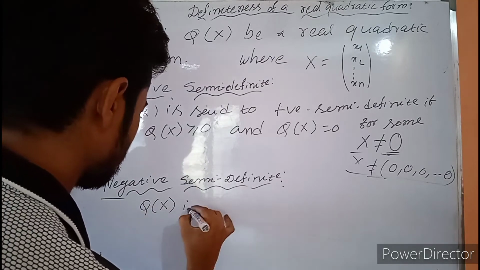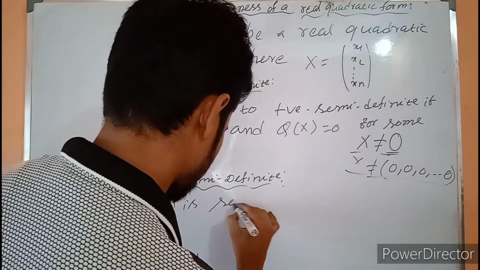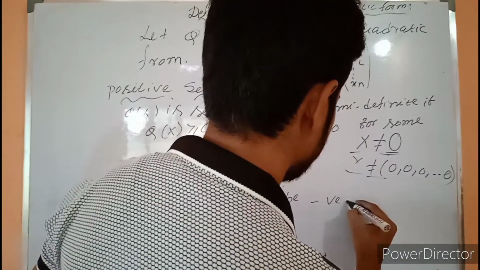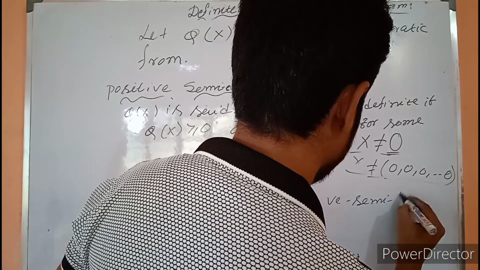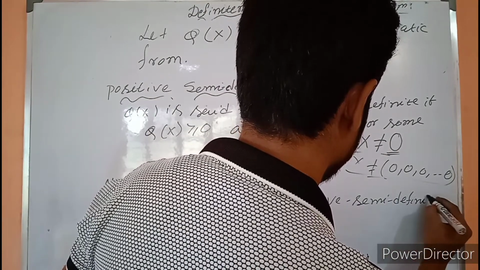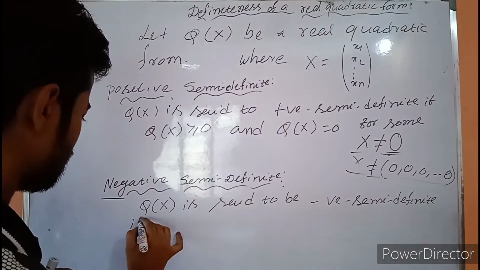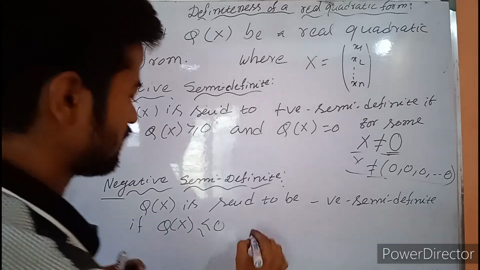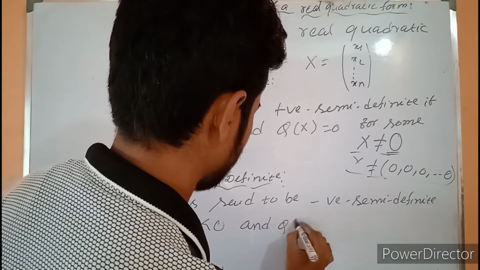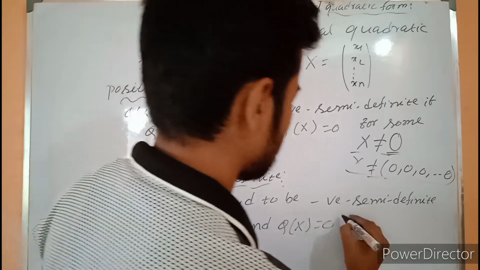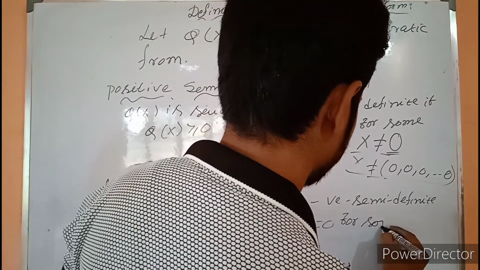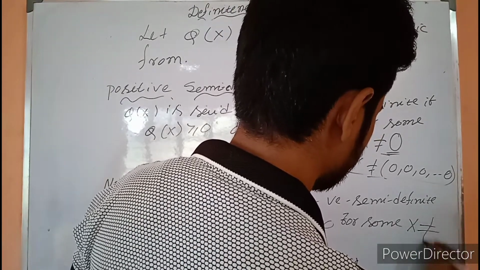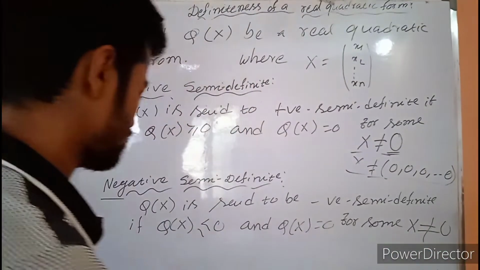And the next point is when the quadratic form is said to be negative semi-definite. Q(x) is said to be negative semi-definite if Q(x) is less than or equal to 0 and Q(x) equals 0 for some non-zero vector x.